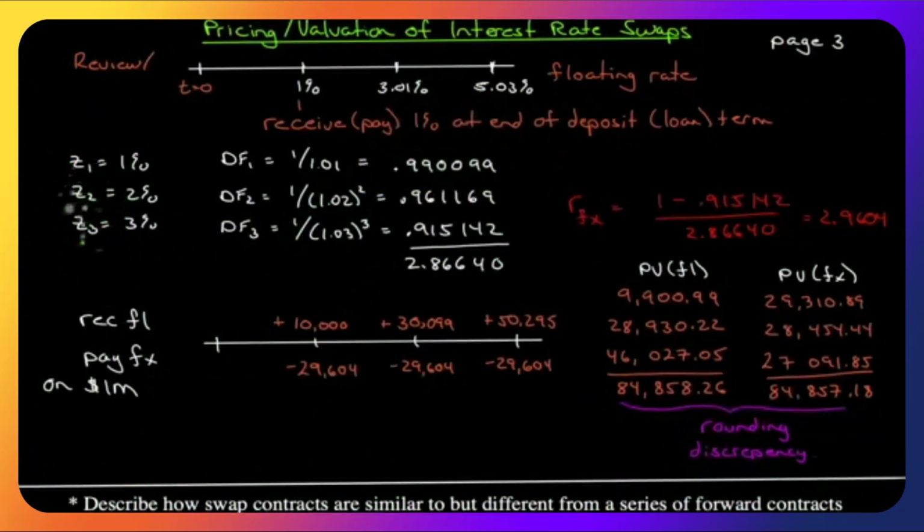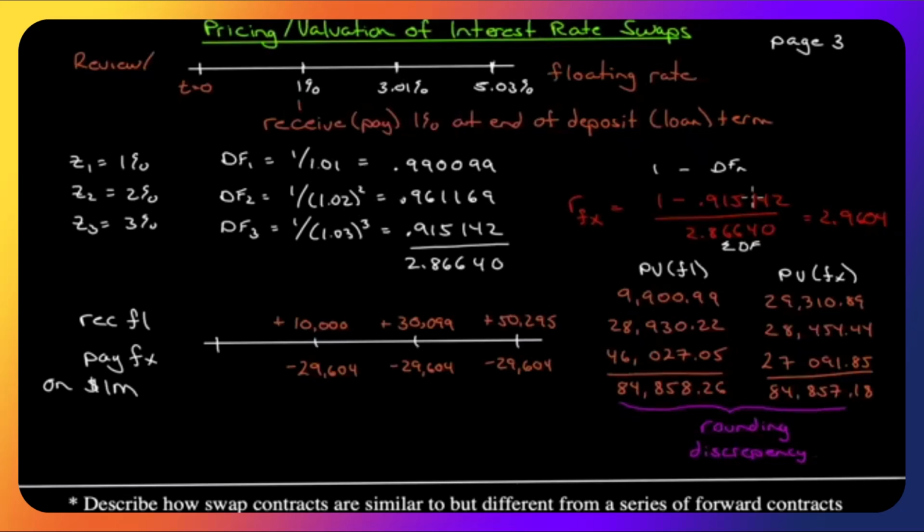So on this screen, I'm going to prove it to you that this works. This is 1 minus DFN over the sum of all the discount factors. I'm going to prove it to you mathematically that it works, so that from here on you could just say, okay, I get it.